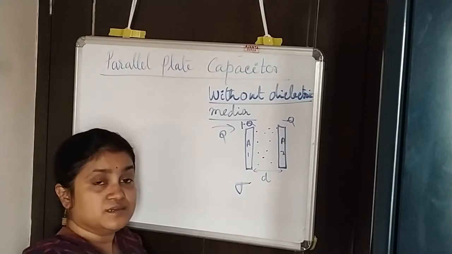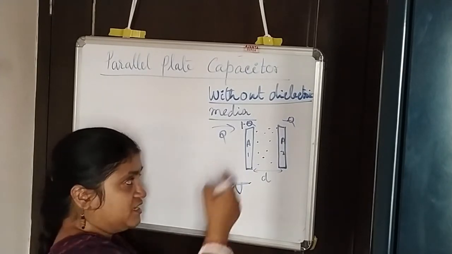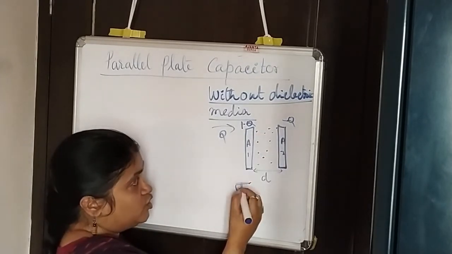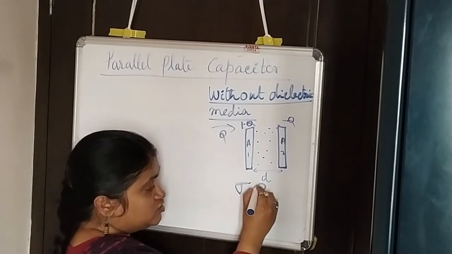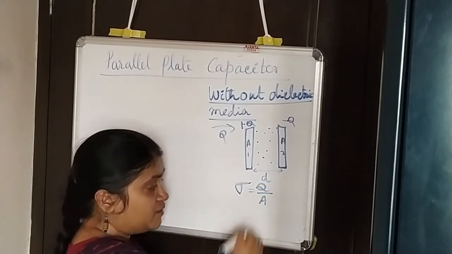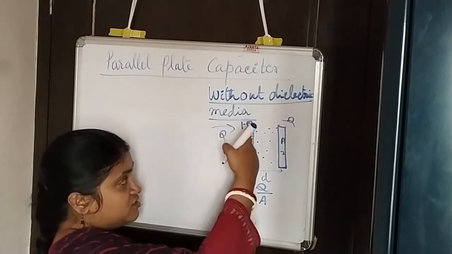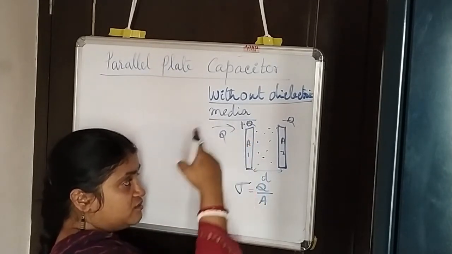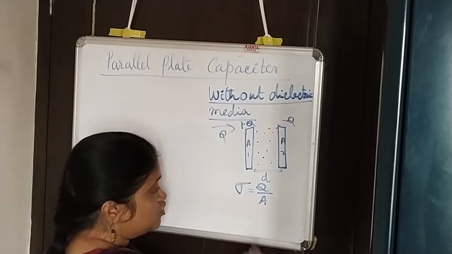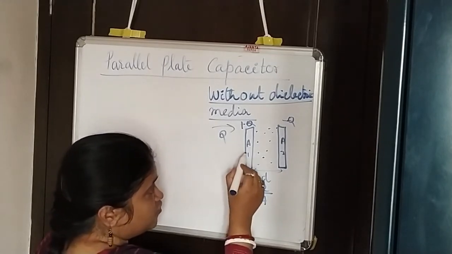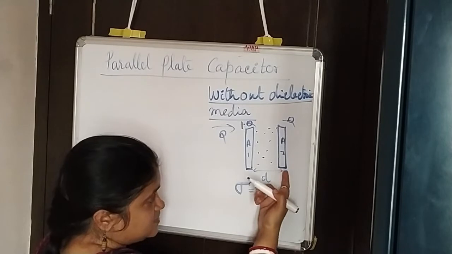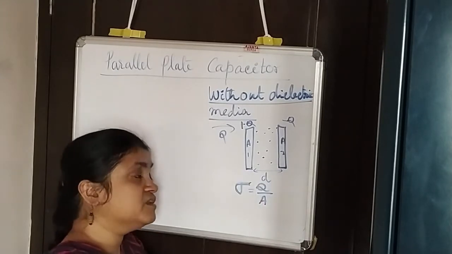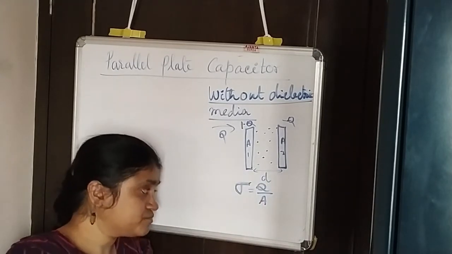Next, we know that the surface charge on this plate is the charge per area: the total charge divided by the total area. This is the surface charge for the first plate as well as the second plate, as they have the same charge and the same area.